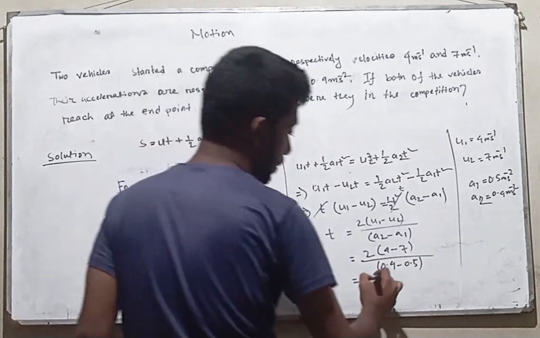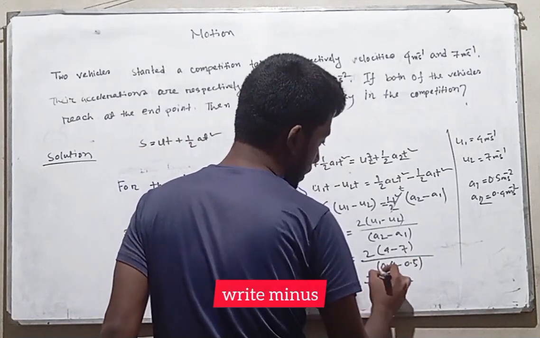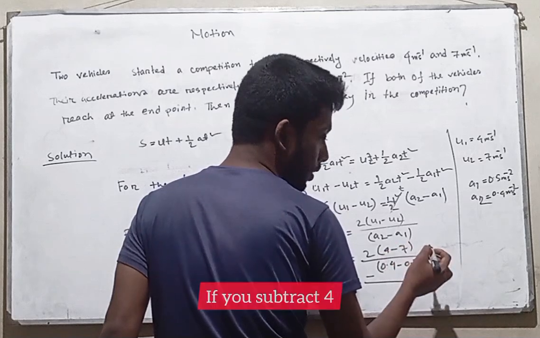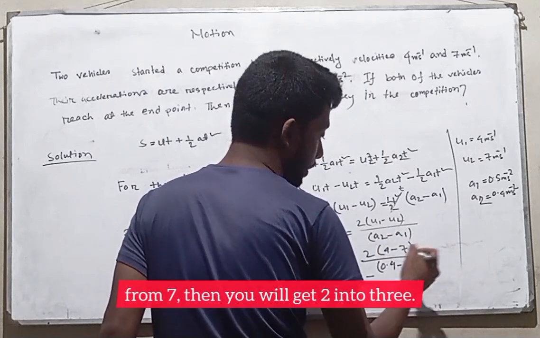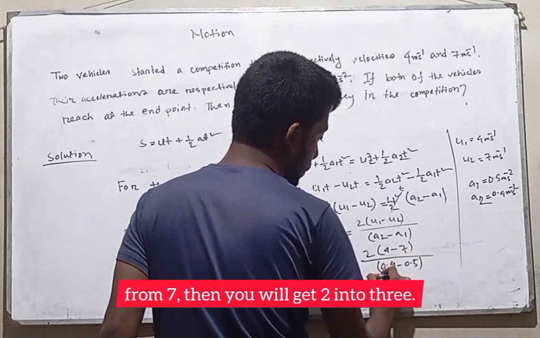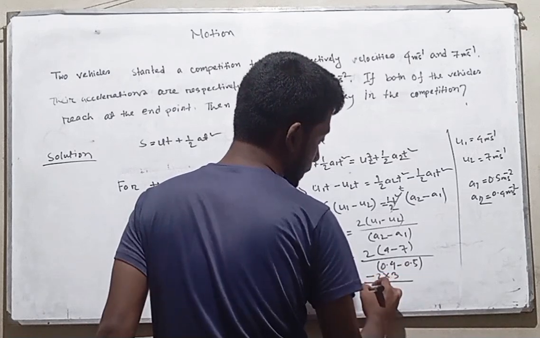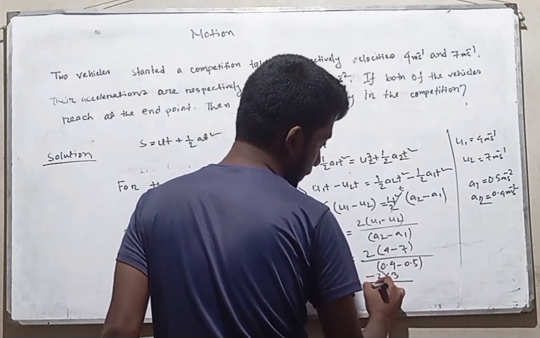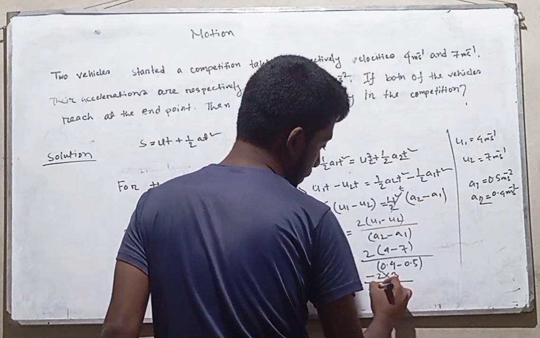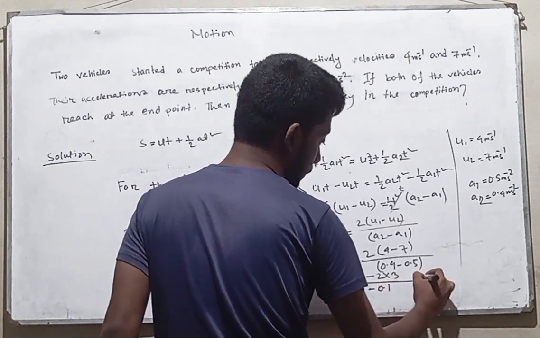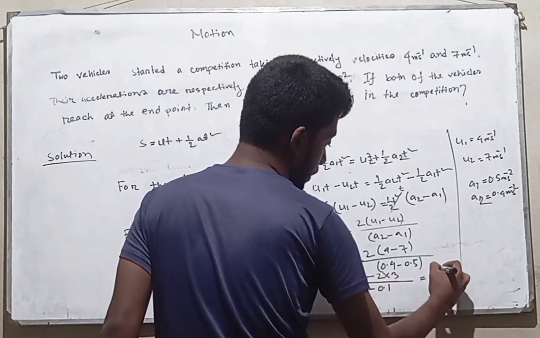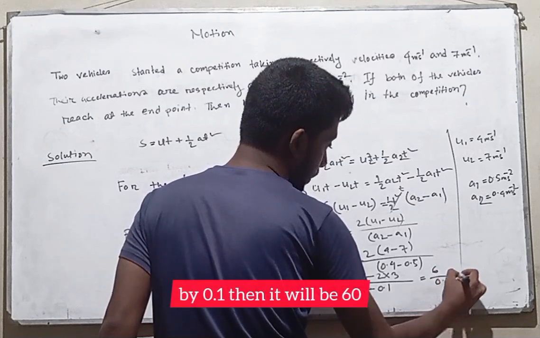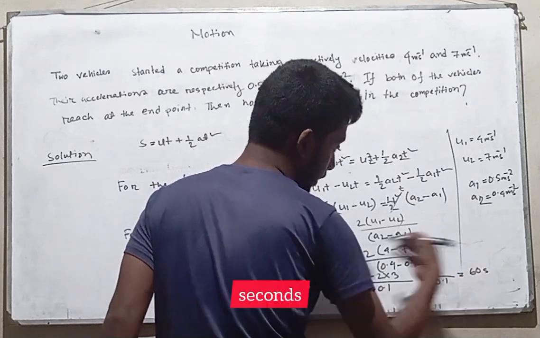If you subtract 4 from 7, then you will get minus 3, so 2 into 3. And if you subtract again, then you will get minus 0.1. Then it will be 6 by 0.1, then it will be 60 seconds.